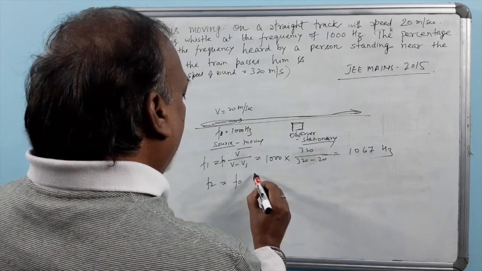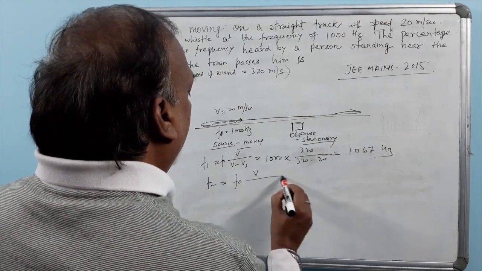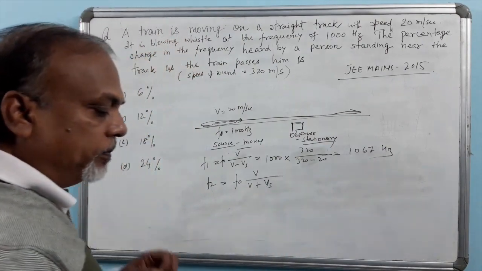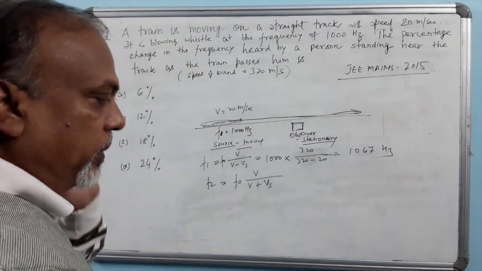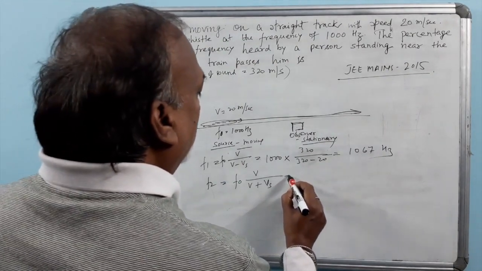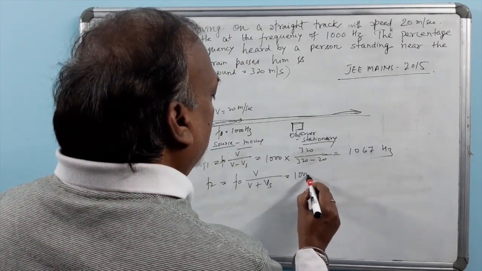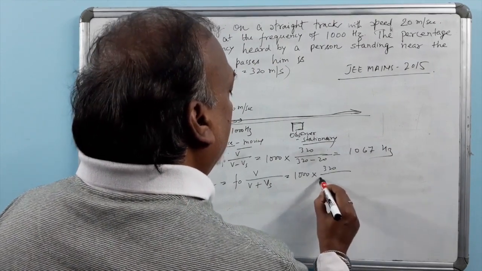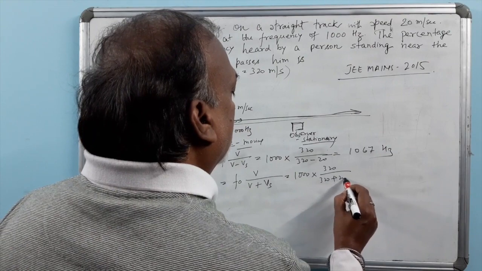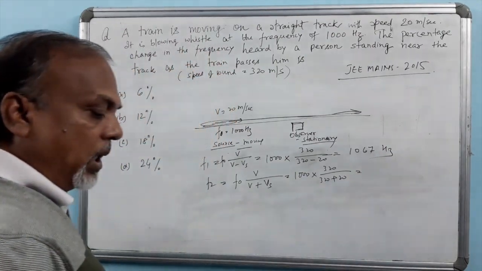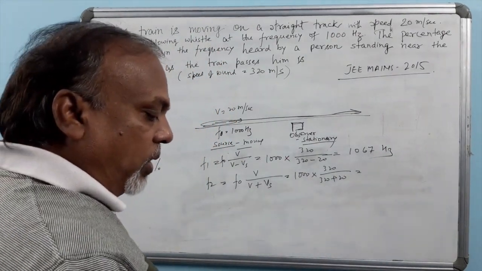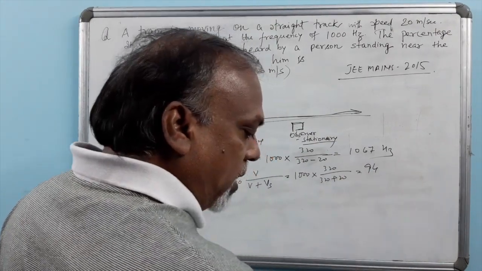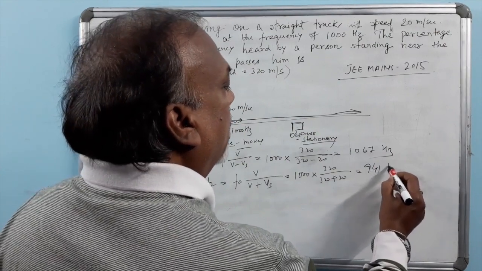This will be nothing but v upon (v + vs) into f0, which is 1000 into 320 upon (320 + 20). If you calculate, it will come as 941 hertz.